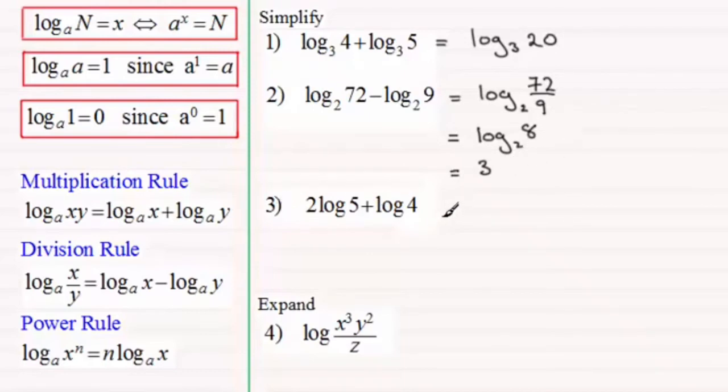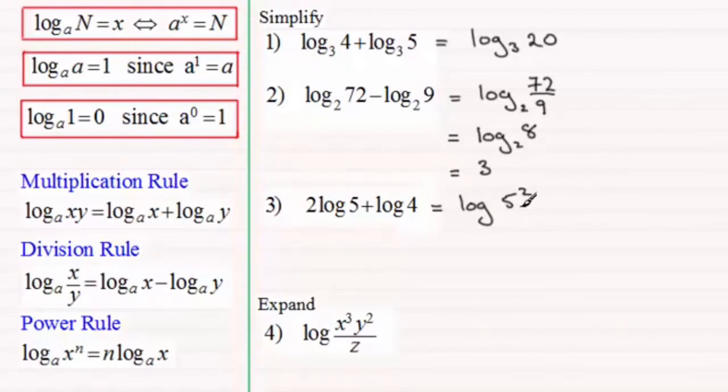Now in number 3, I picked this one because remember in the previous video I showed you that if you just have a log without a number written here, the base is assumed to be 10. And also, before you can use the multiplication rule here, we've got this 2 in front of the log. So we need to simplify this first term first of all. So what we have here is the log of 5, remember, it's in base 10 then, and we use the power rule here to bring the 2 up as a power on the 5.